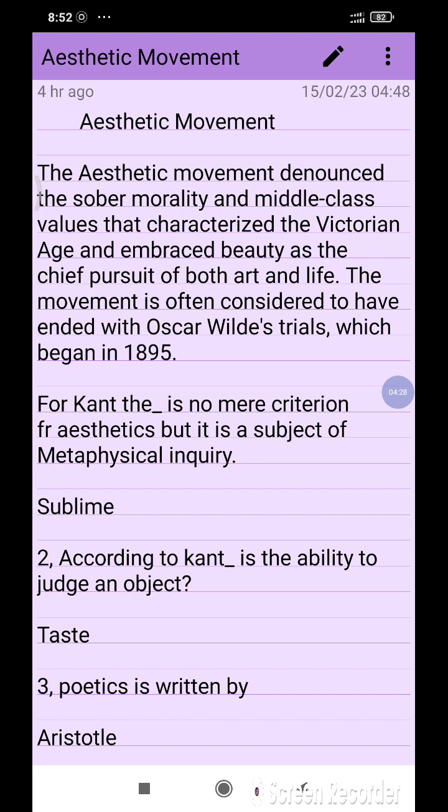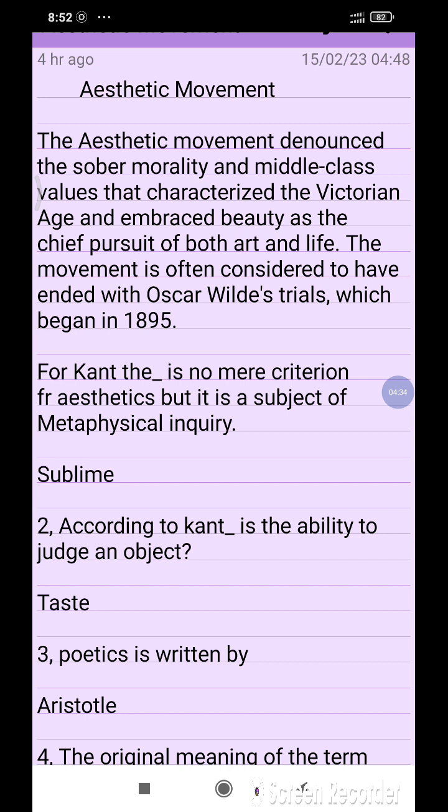You have to write about the sober morality and the middle class values that characterized the Victorian age and embraced beauty as the chief pursuit of both art and life. So these are the most important points. The movement is often considered to have ended with the Oscar Wilde trial, which began in 1895.